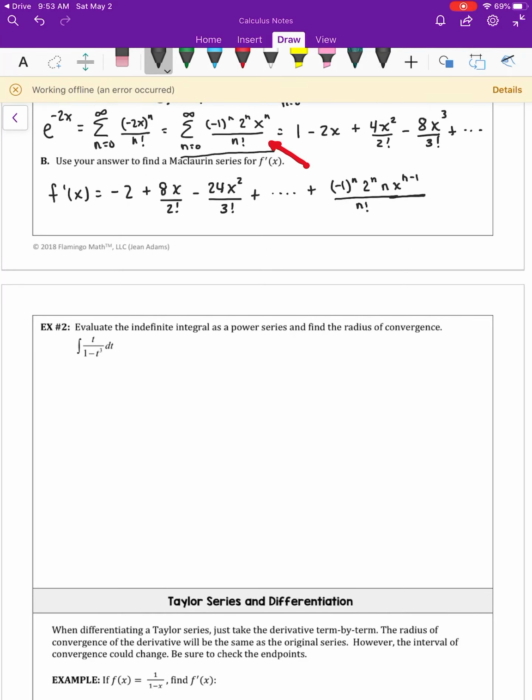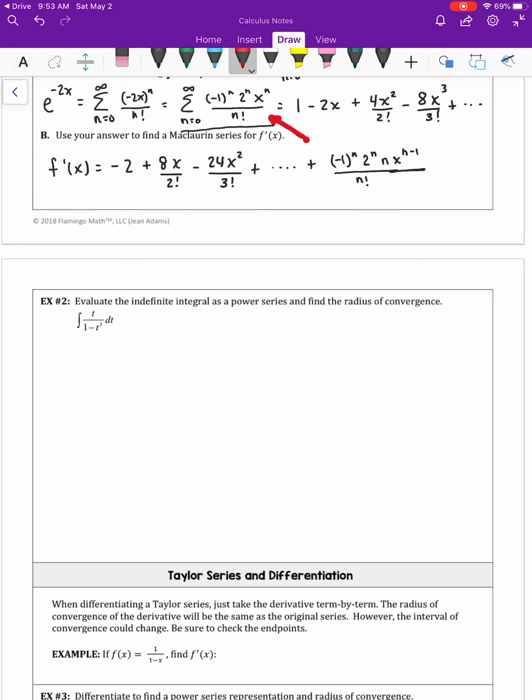Example number 2: evaluate the indefinite integral as a power series and find the radius of convergence. So for this one, we have to think about what we have here and what we know that is similar.